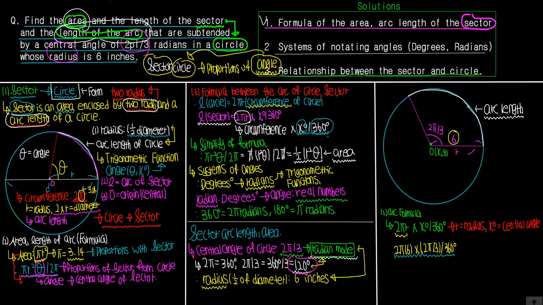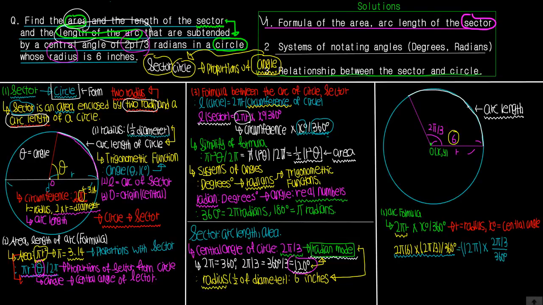The easiest way to simplify this is to make it into a fraction, so we are not confused in the calculation. 2 pi times 6 is 12 pi, times 2 pi over 3, divided by 360 degrees.